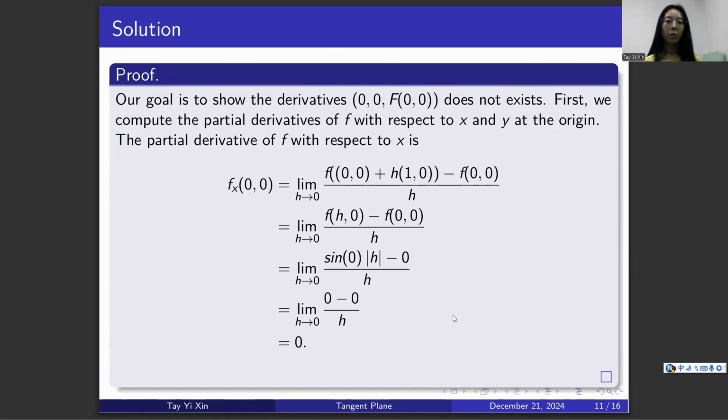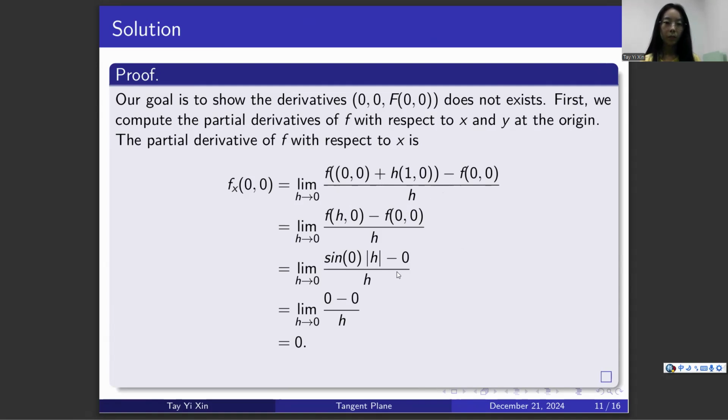Our goal is to show the derivative at the point (0, 0) does not exist. First, we have to compute the partial derivatives of f with respect to x and y at the origin. The partial derivative of f with respect to x is equal to the limit as h approaches 0 of f((0, 0) plus h times (1, 0)) minus f(0, 0), divided by h.